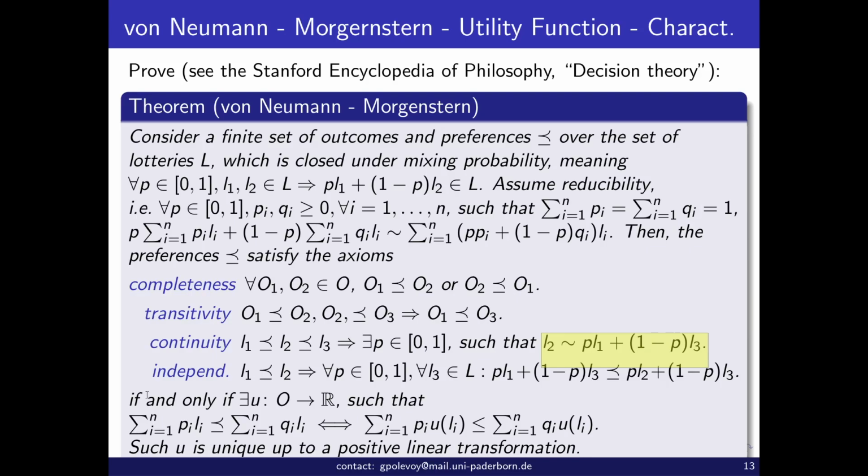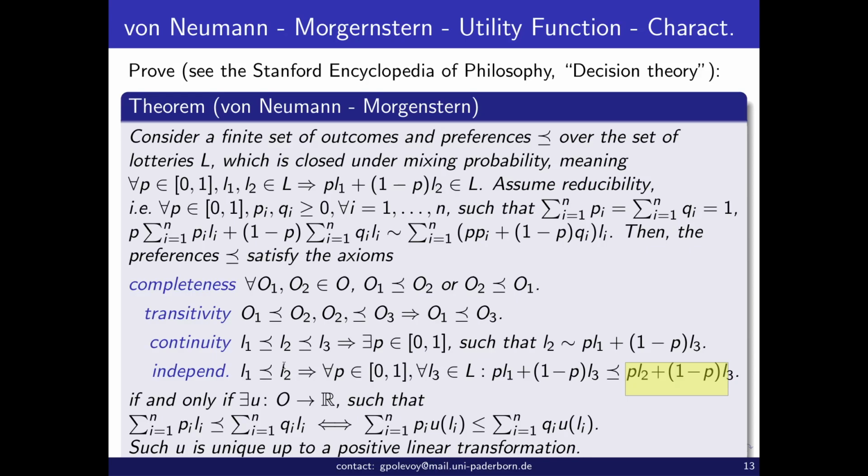And independence. There was no space, so I've written independent. It's independence. So if L1 is at most as good as L2, then for any P between 0 and 1 and for any L3, combining PL1 with L3 is at most as good as combining PL2 with L3.